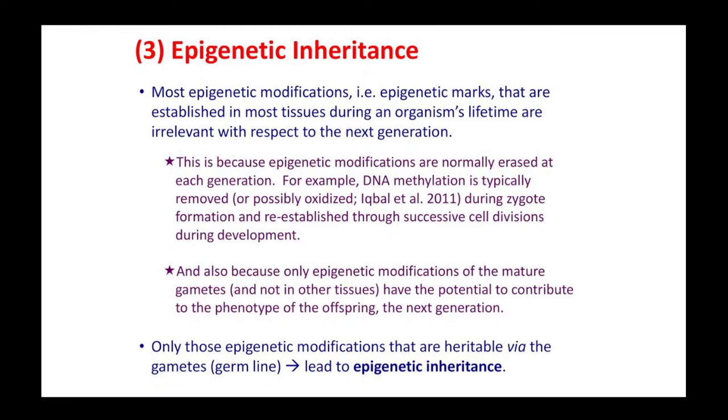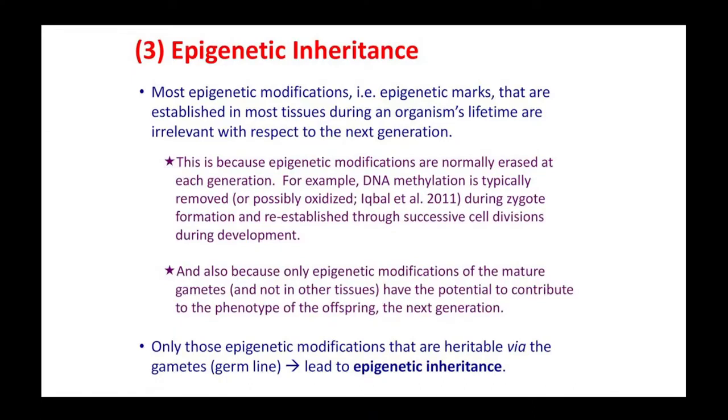Most epigenetic marks that are established in most tissues during an organism's lifetime are irrelevant with respect to the next generation. This is because epigenetic modifications are normally erased at each generation. For example, DNA methylation is typically removed or possibly oxidized during zygote formation and re-established through successive cell division during development.